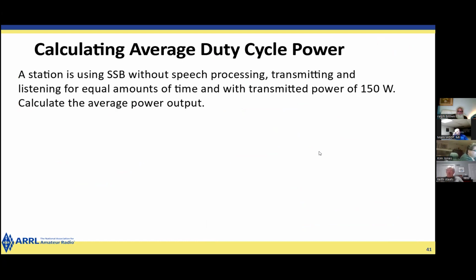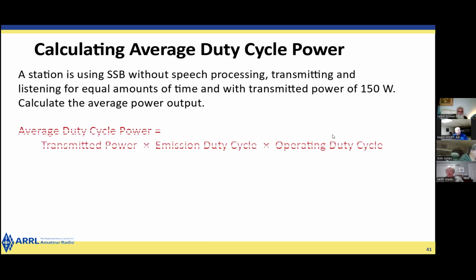Calculating average duty cycle power. A station is using single sideband without speech processing, transmitting and listening for equal amounts of time, with a transmitting power of 150 watts. Calculate the average power output. So, transmitting power times emission duty cycle times operating duty cycle.